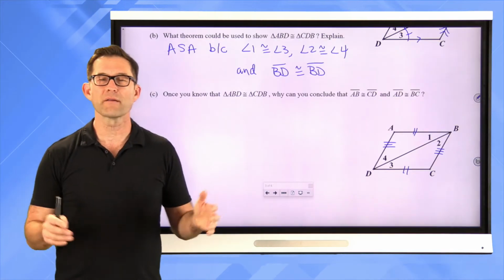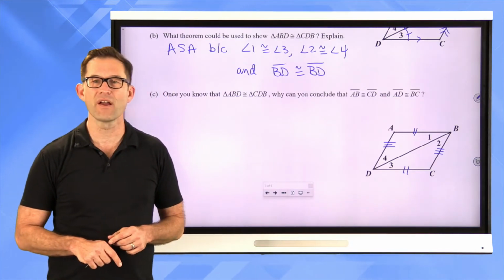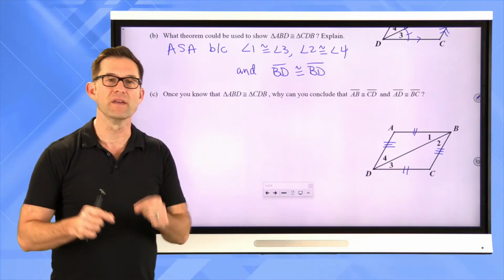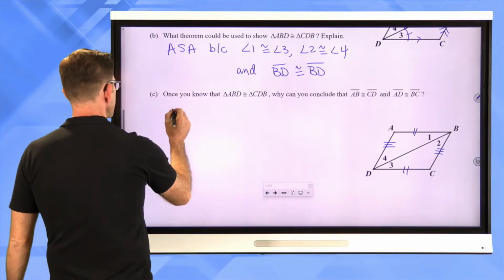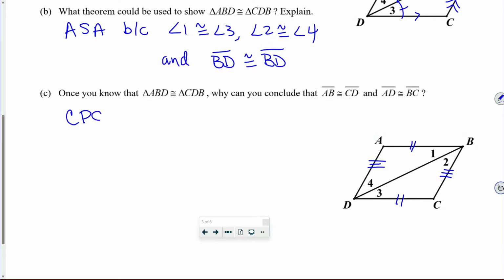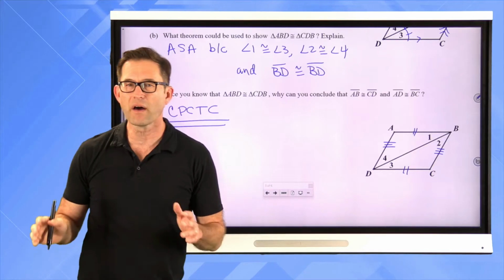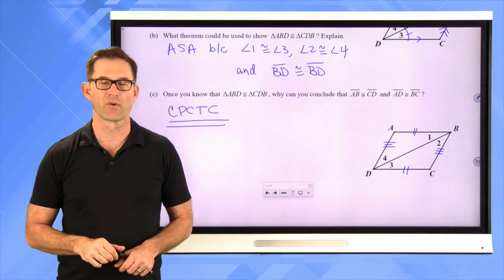They are corresponding parts of congruent triangles and therefore must themselves be congruent, right? You could just write this down, CPCTC, right? That's it. Corresponding parts of congruent triangles are congruent.